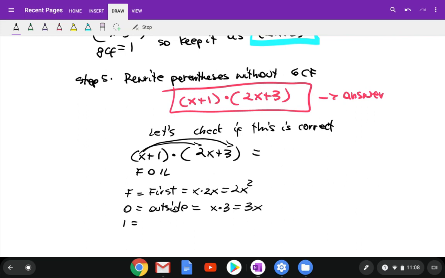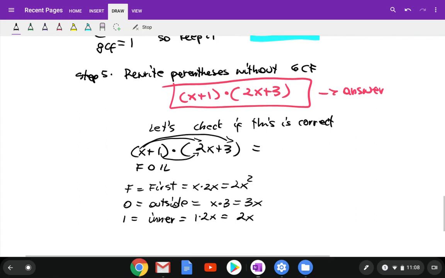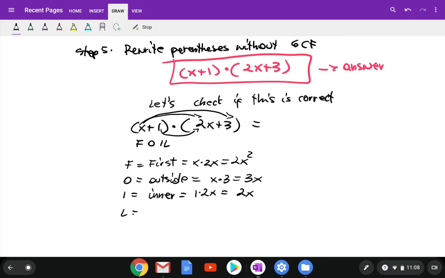I stands for inner or inside. So inner will be 1 and 2x. Multiply them. 1 times 2x, you're getting 2x. And L stands for last. Your last is 1 and 3. So multiply 1 times 3, and you're getting 3.